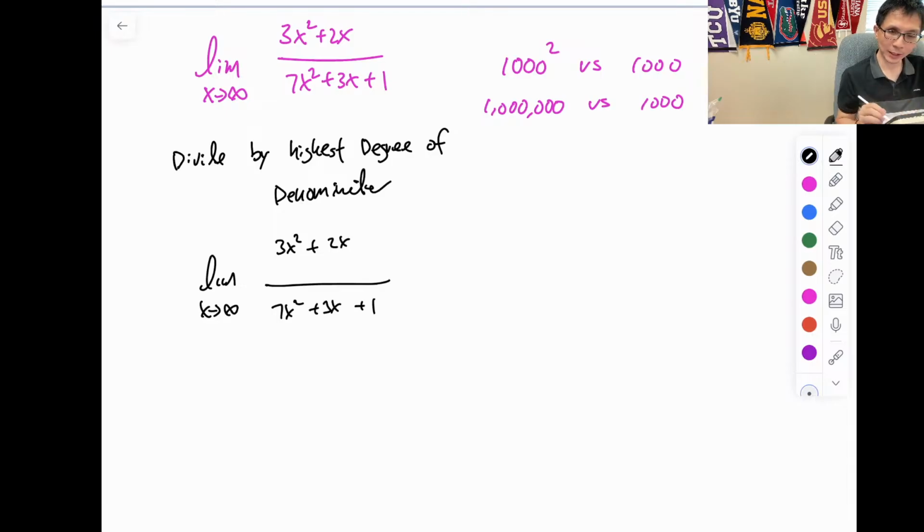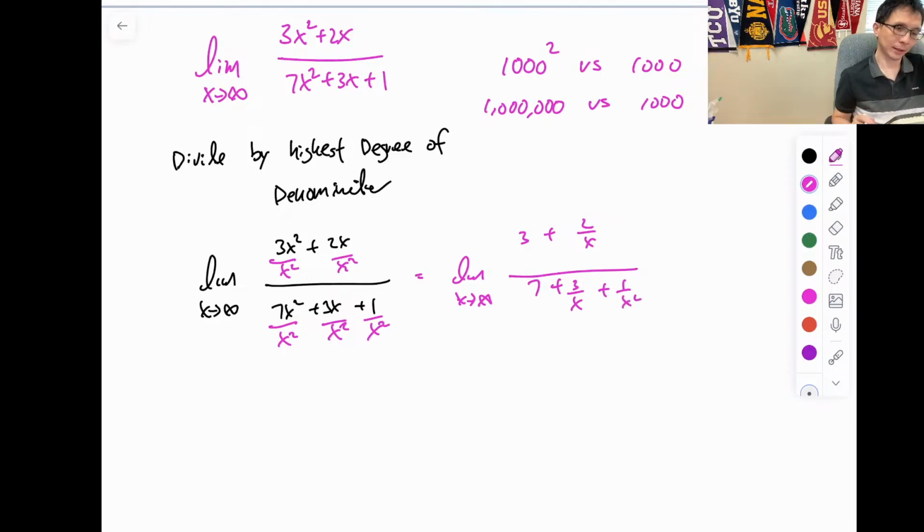So I'm going to divide everything by x squared. If you do that, I can simplify it. It'd be 3 plus 2 over x, over 7 plus 3 over x plus 1 over x squared.